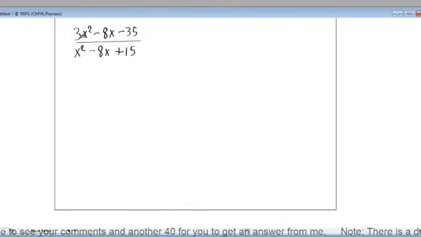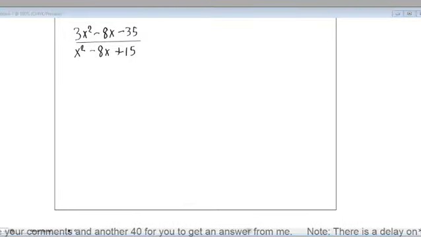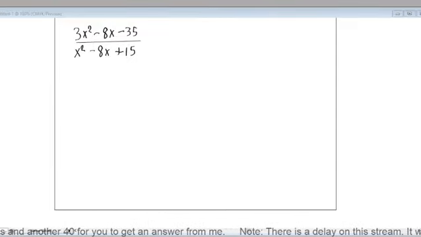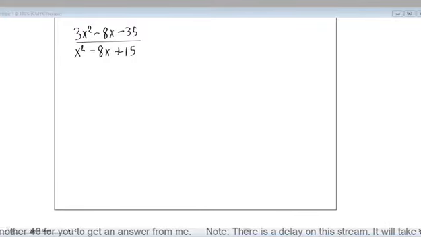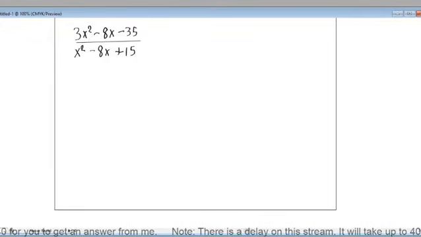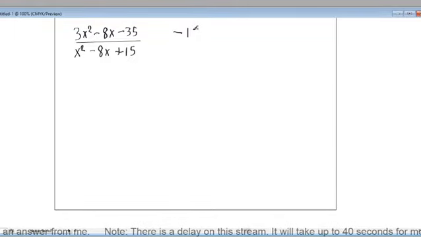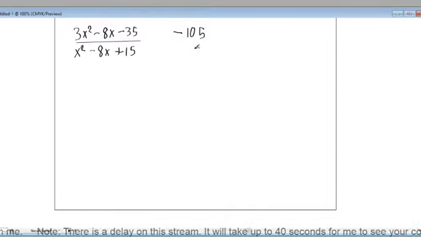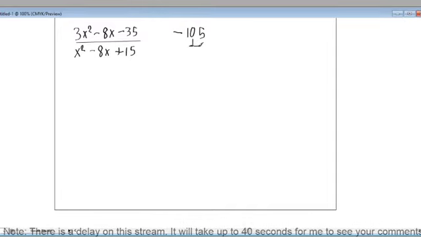All right, so let's see. Try the AC method with it. So 3 times negative 35 is negative 105. And factors of negative 105.